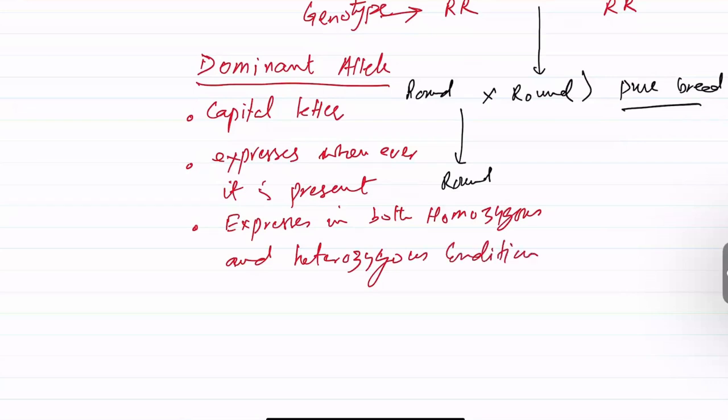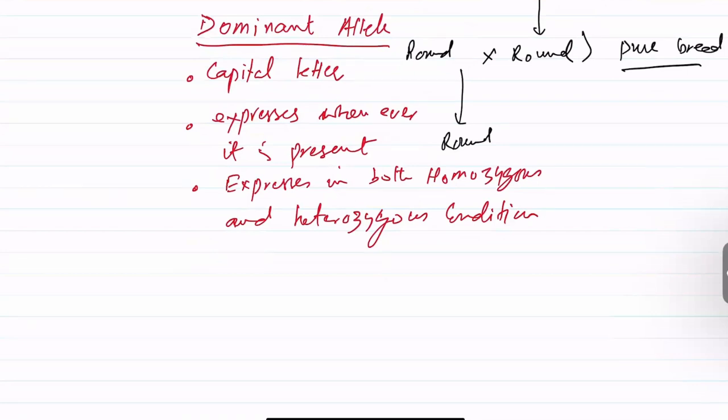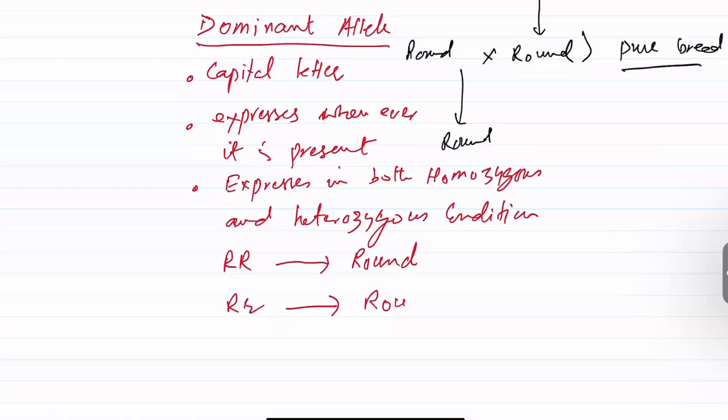So it means that if this is R capital R capital, then the offspring's phenotype will be round, and if it is R capital R small, then even the offspring will be round. So you see, when even a single R capital is present, the offsprings will be round.